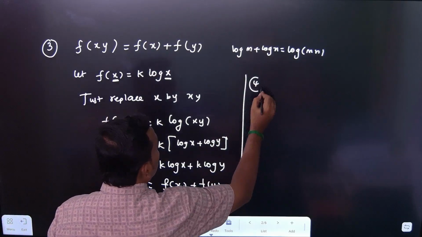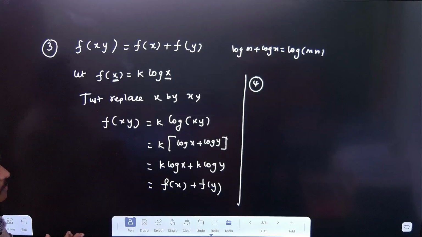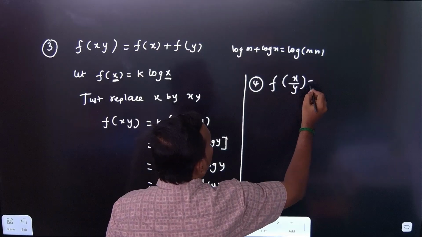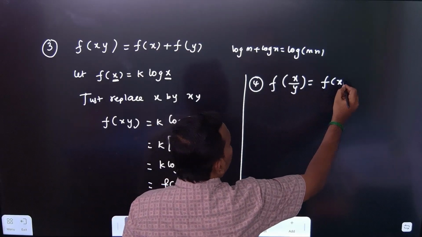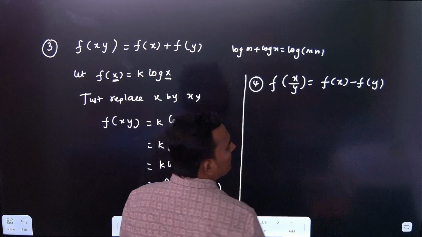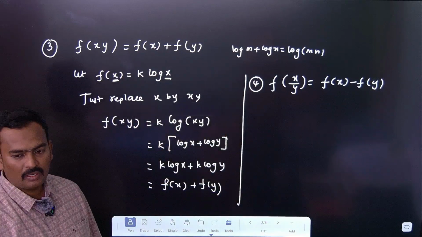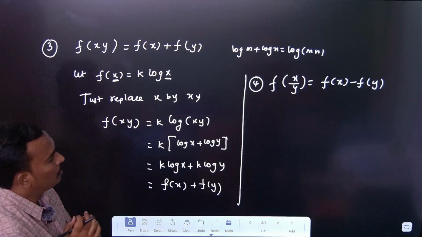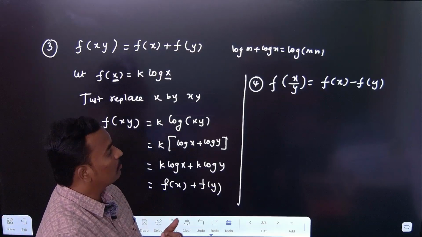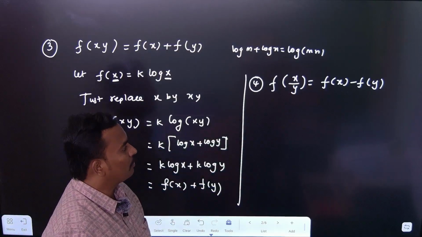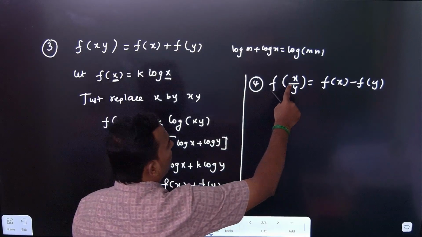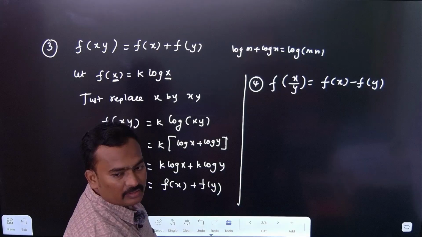We'll take the fourth one. So the fourth one, which one can we take here? The division, right? f of x by y is changed into f of x minus f of y. Clear? This is your condition, right? So x and y may be any real number, but you cannot choose y as 0, right? If y is 0 and x is other than 0, it is not defined, right?